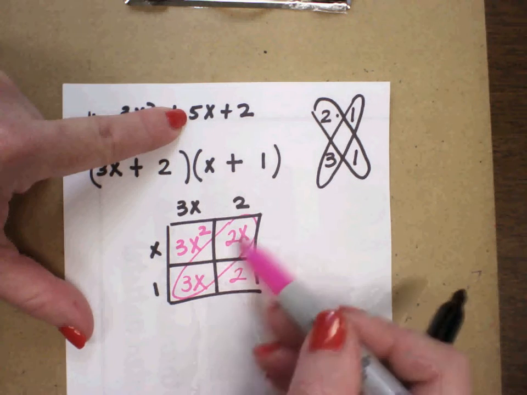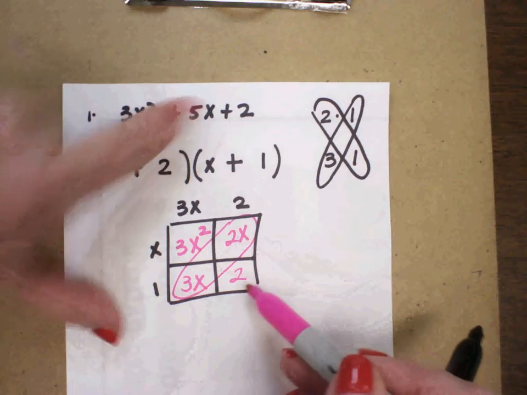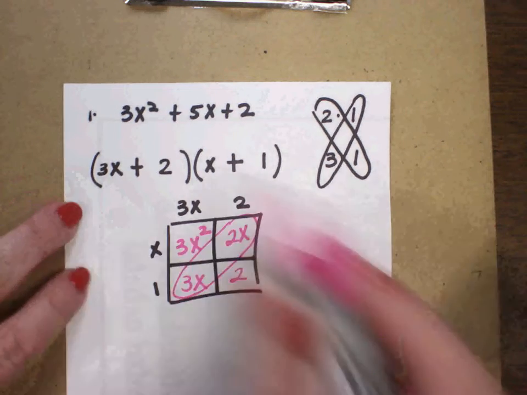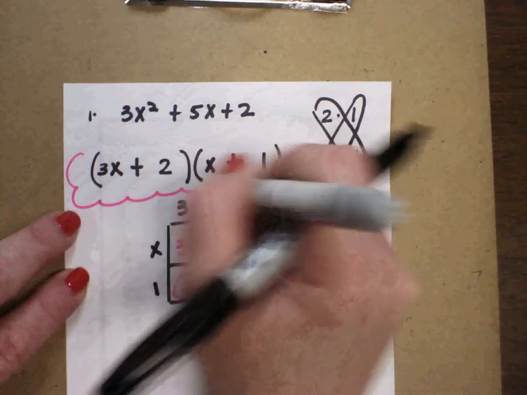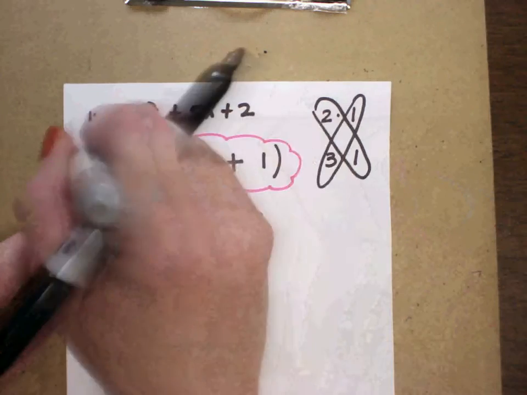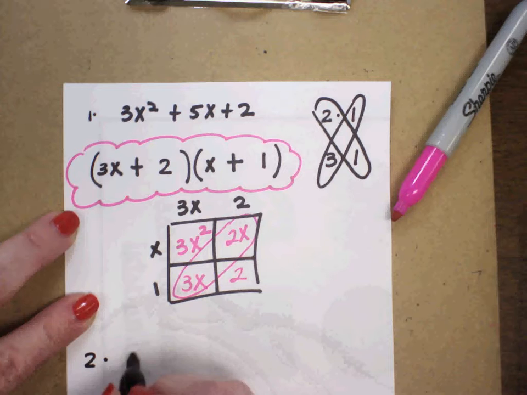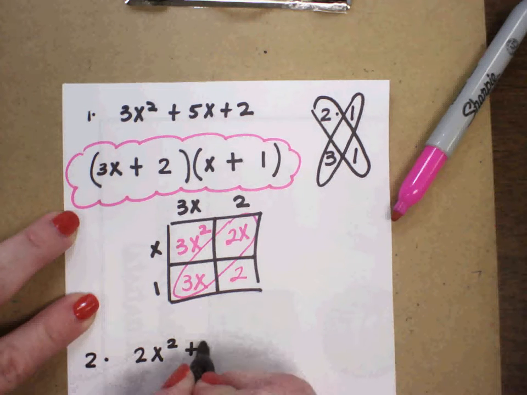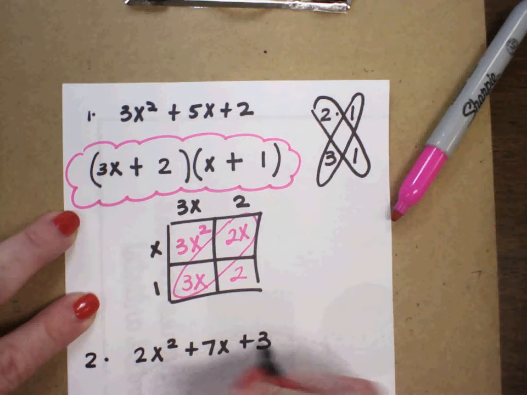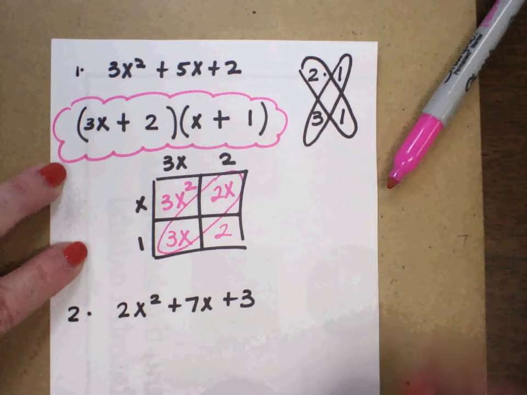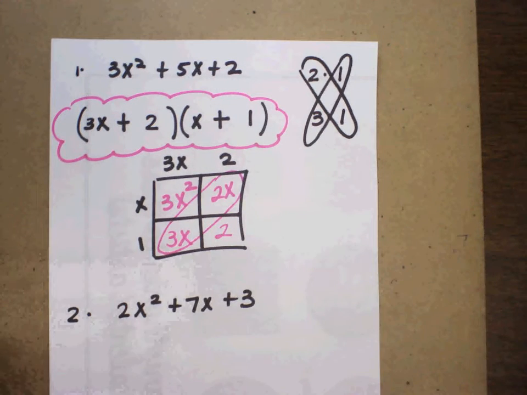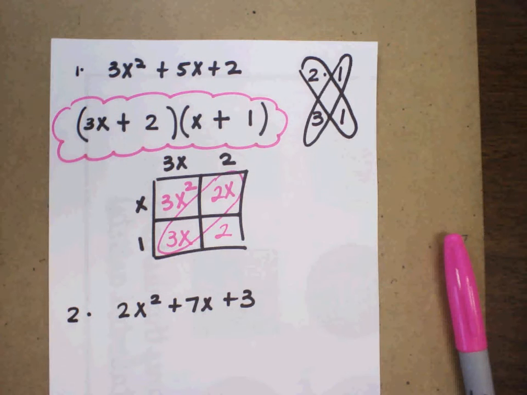All right, what are my multiples of 3? 3 and 1, or 1 and 3. And what are my multiples of 2? 2 and 1, or 1 and 2. So now, one of the bottom numbers needs to be multiplied by one of the top numbers, right? And as soon as I pick what I am going to multiply with, I need to make sure that they add up to 7x.